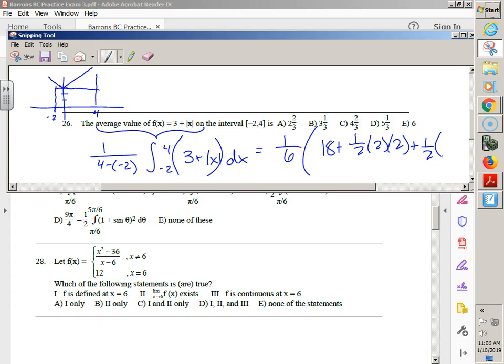Why am I making this hard? 4 times 4? Oh, sorry. I'm adding my rectangle plus my triangle plus my triangle. I'm doing geometry. So I end with 18 plus 2 is 20, and 20 plus 8 is 28, and 28 over 6 is, something gross.